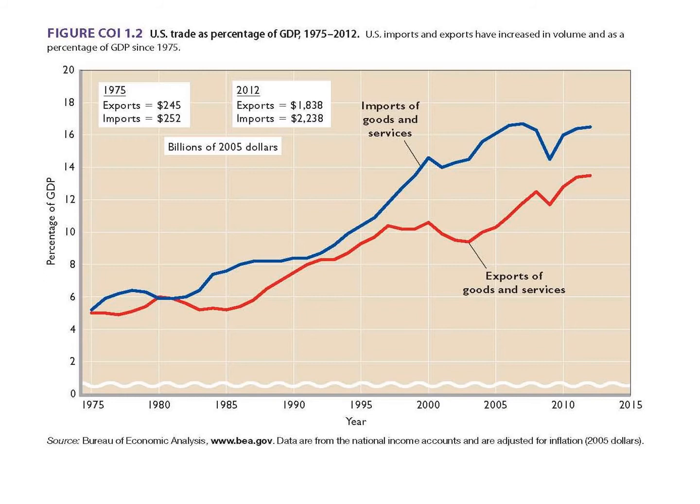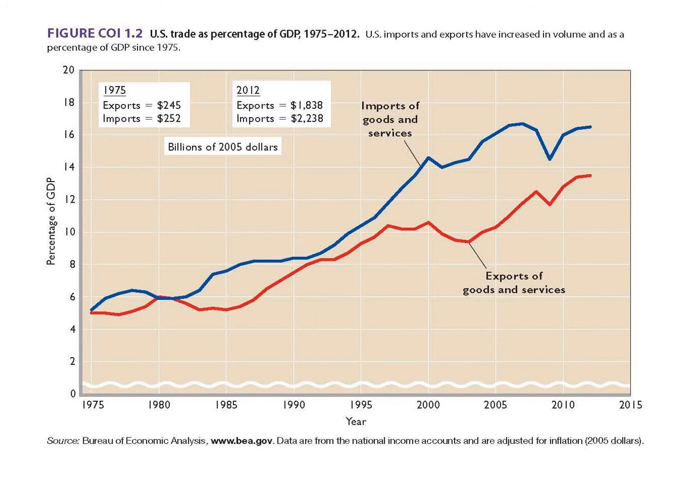The red represents exports as a percentage of GDP over time. The blue represents imports of goods and services as a percentage of GDP over time. Right? Now, if you go back to 1975, imports and exports were both roughly 5% of GDP. You can see that as the starting point where the two of them are nearly together.